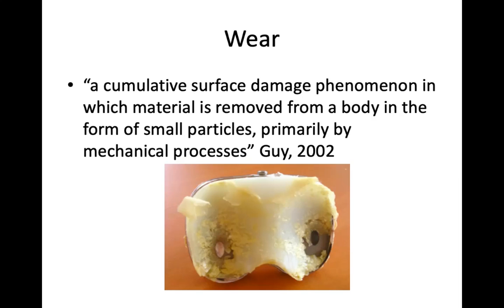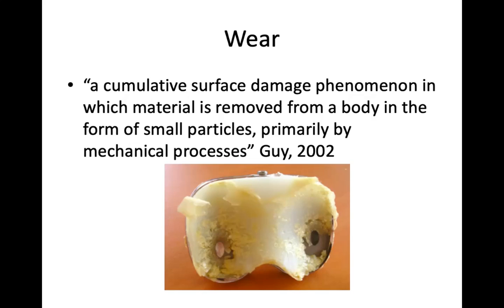Let's talk about wear. Wear is a cumulative surface damage phenomenon in which material is removed from a body in the form of small particles, primarily by mechanical processes. And this applies definitely to our field. When you think about failure and reasons for revision, wear contributes.